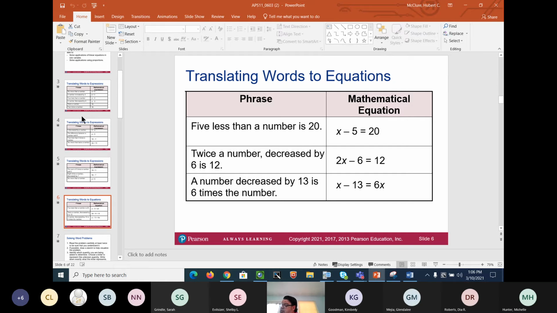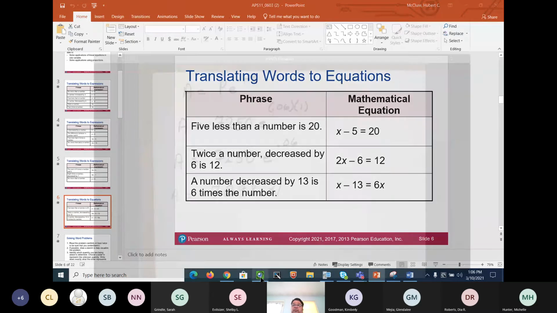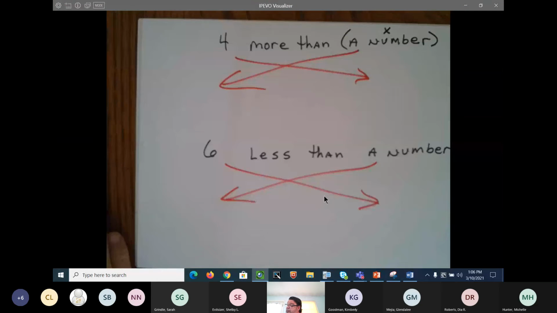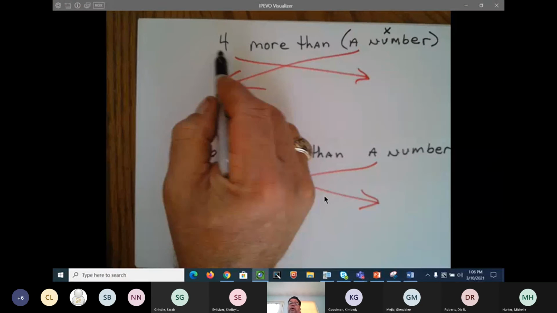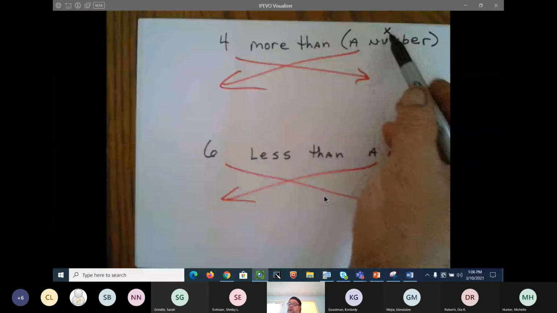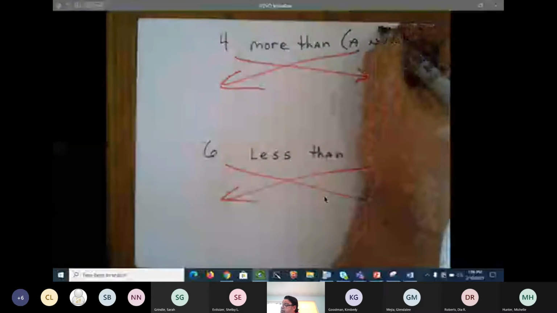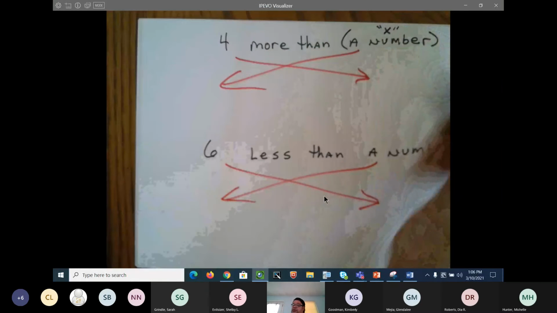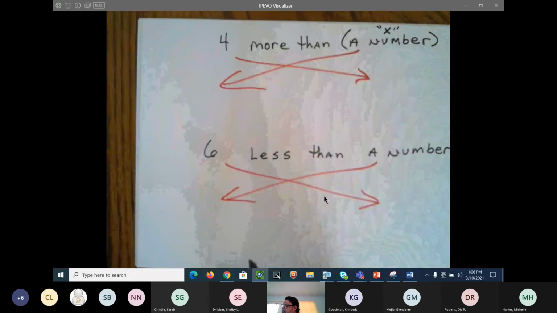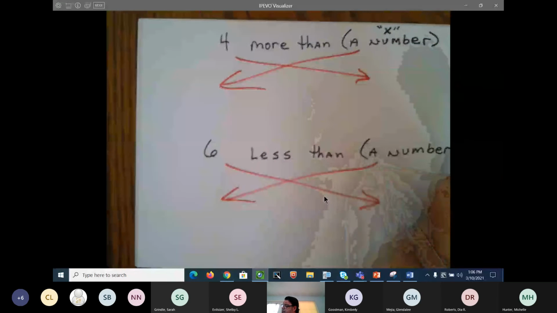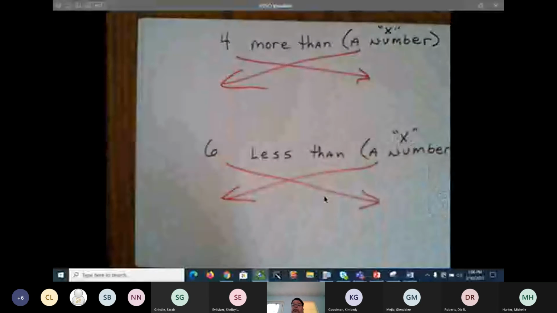A number in algebra is usually called what? Oh, I'm sorry. Hold on. Thank y'all for letting me know. 4 more than a number. A number in algebra is usually called what? X. If you don't know what that number is, it's usually called X. All right?